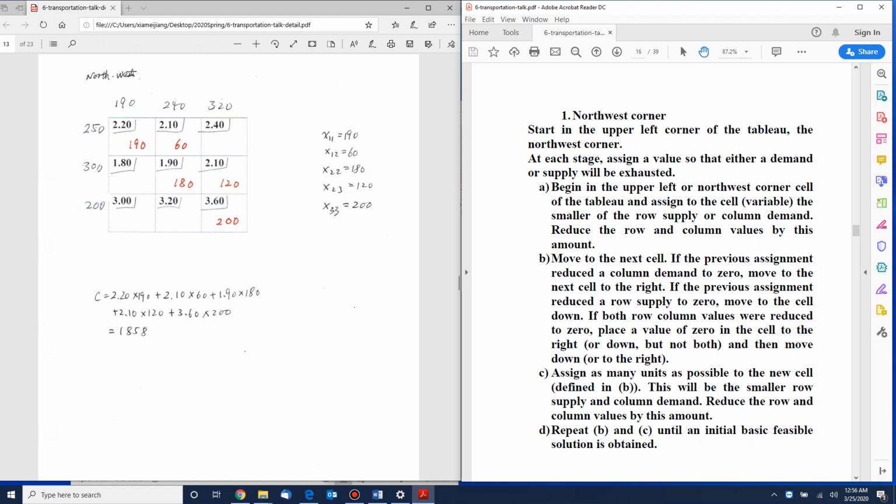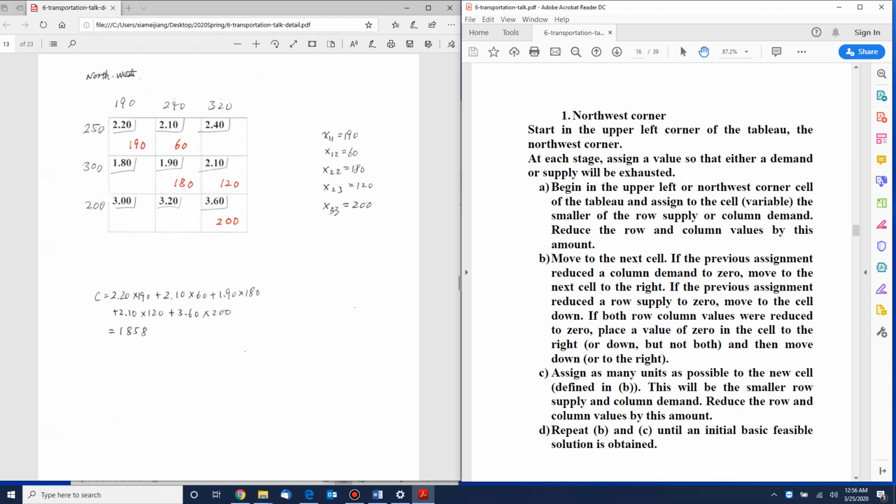Source 2 has 300 units of pandas, so we move from cell 2,2 to cell 2,3 in the same row, and fill in 120, the rest.